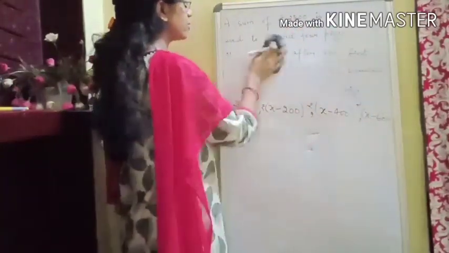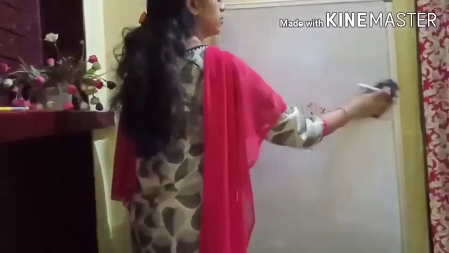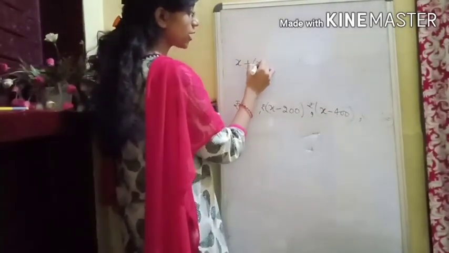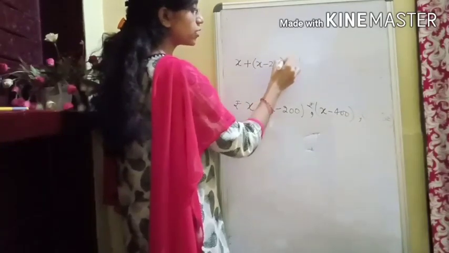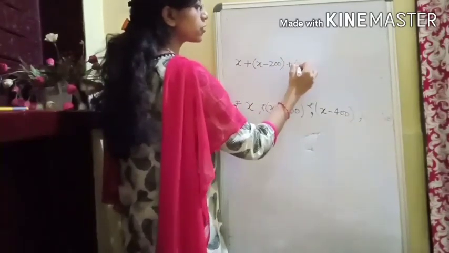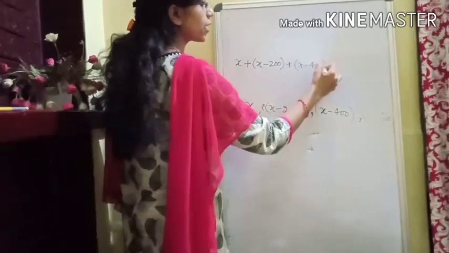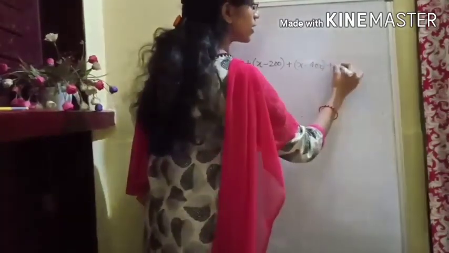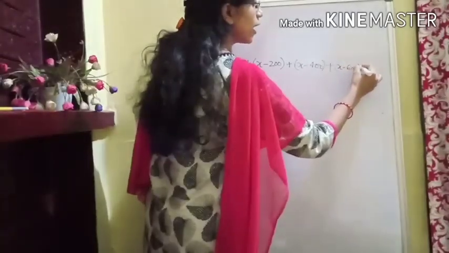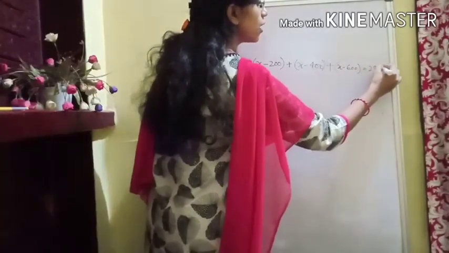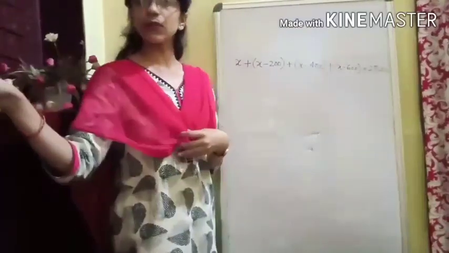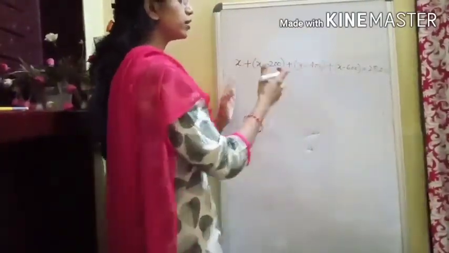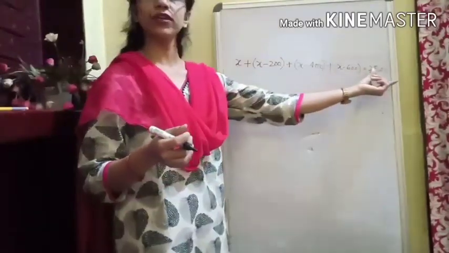So now we can write: first prize X plus second X minus 200, third X minus 400, and the fourth X minus 600, and the sum is 2800. We have added all the money for the 4 prizes, and it is coming 2800.